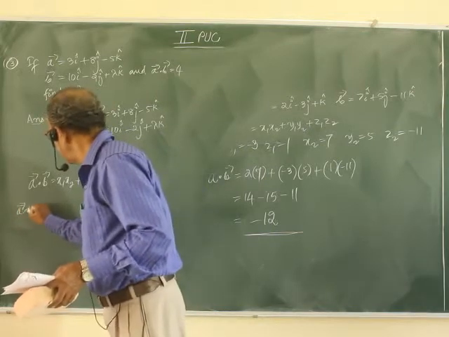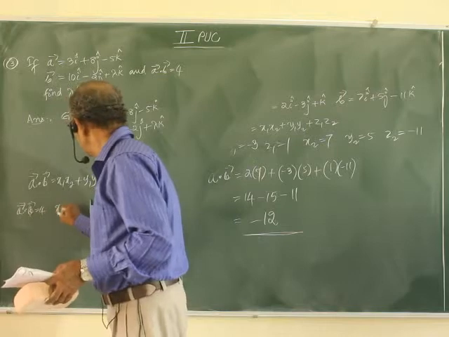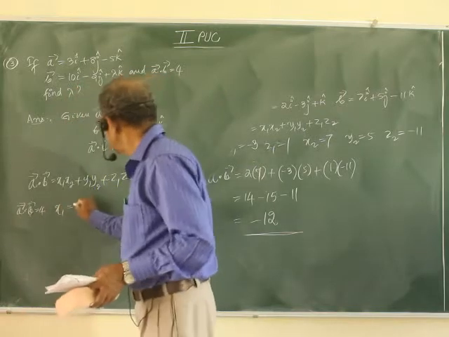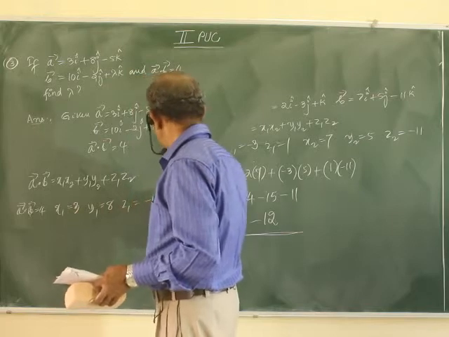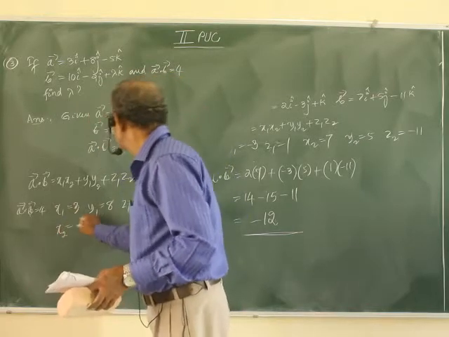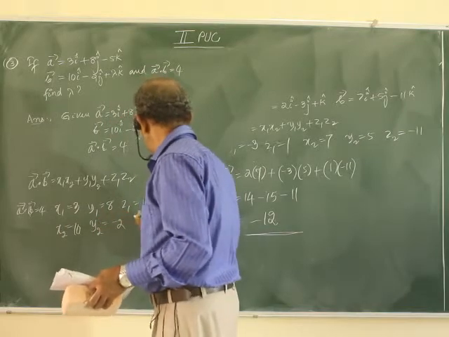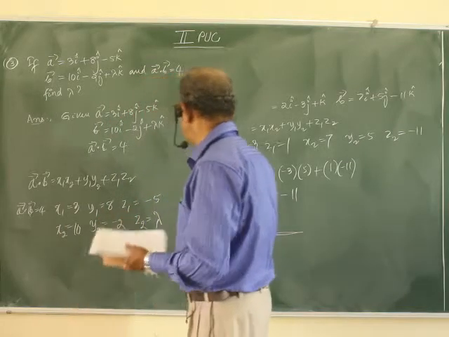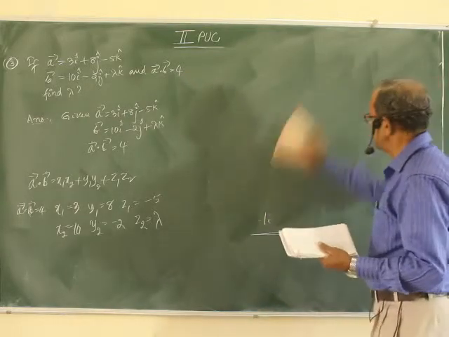A dot B equal to 4. x1 is 3, y1 is 8, z1 is minus 5, x2 is 10, y2 is minus 2, z2 is lambda. Fill up the values in the formula, get the answer.